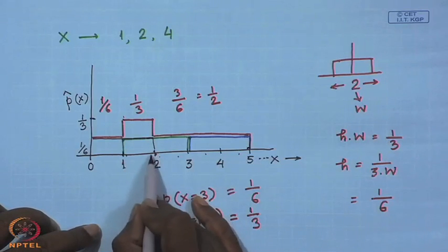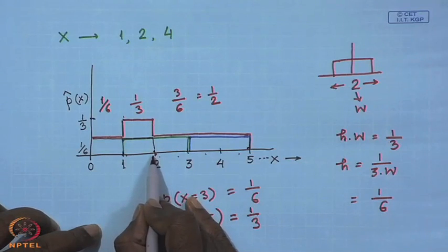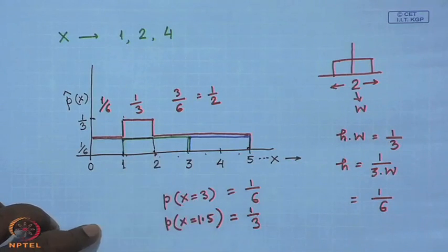So, this was a very simple case when we used a rectangular window for estimation of probability density. Now, let us see the same example. Okay, one more thing, what will happen if I get multiple samples at a particular location.